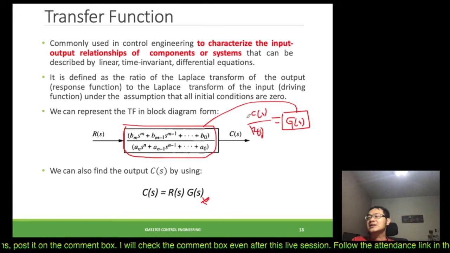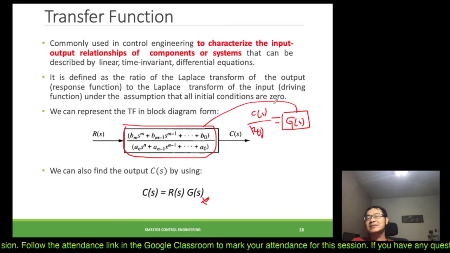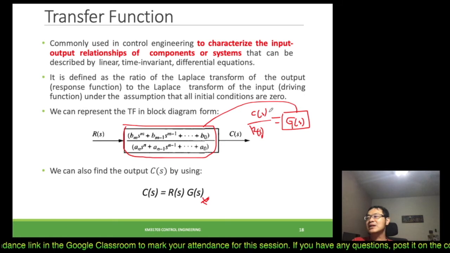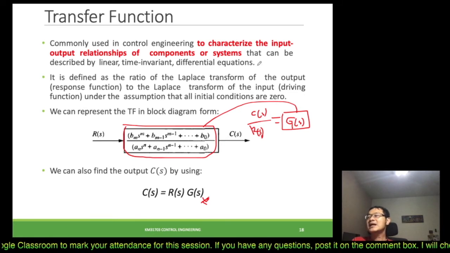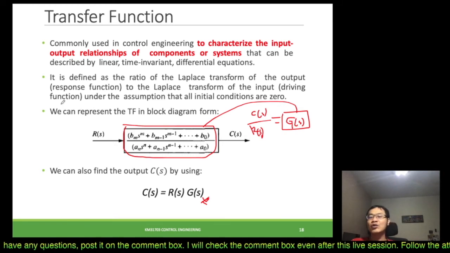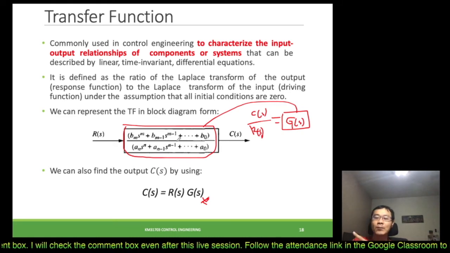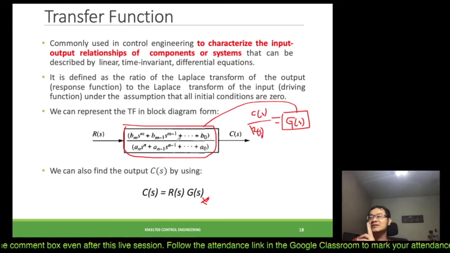Mathematically it could be sometimes simple, sometimes complex, but when we combine them together with multiple behaviors or characteristics of input and output of different components, here it only represents maybe one component.